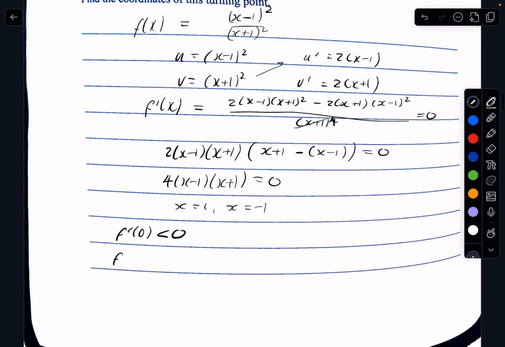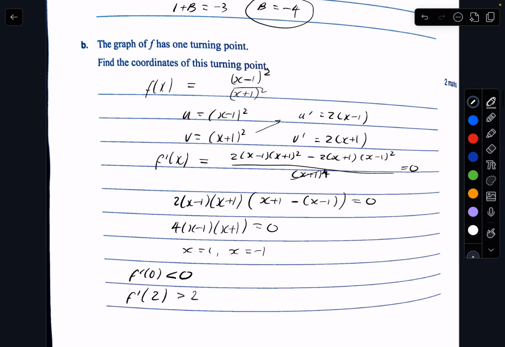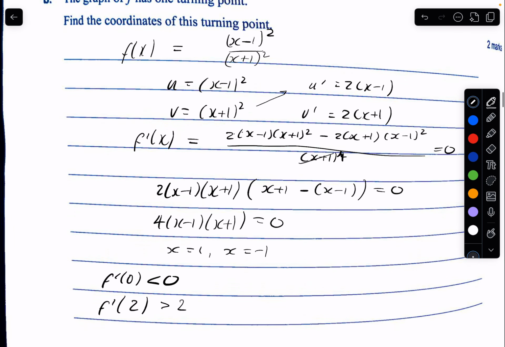Now, f dash of, we'll do something. Wait, it should change. Okay, wait. Let's just try positive, right? So let's just try 2. Okay, so 2 times, that's positive, that's positive.